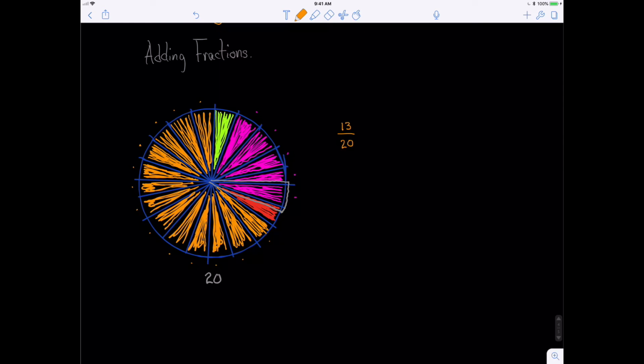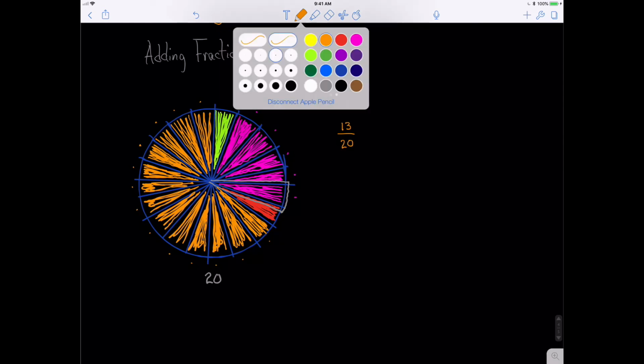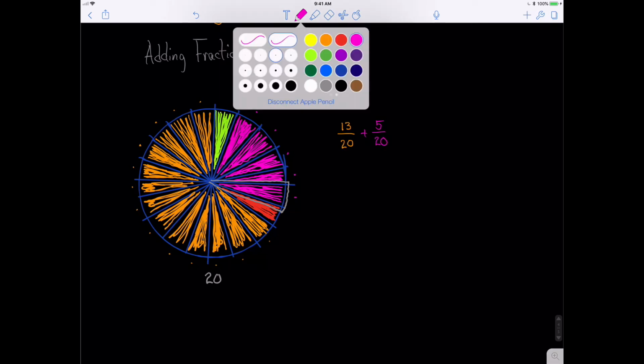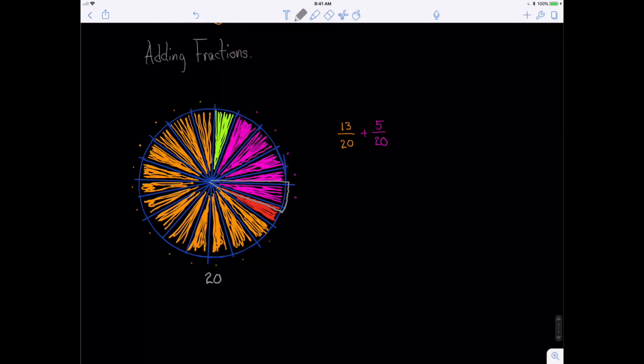Then I also have these pink ones, and I'm going to add them to that. But the question is how do I add fractions? So let's take a look at this problem more closely. Because all of the pieces are exactly the same size, really all I need to know is how many pink or orange pieces I have.